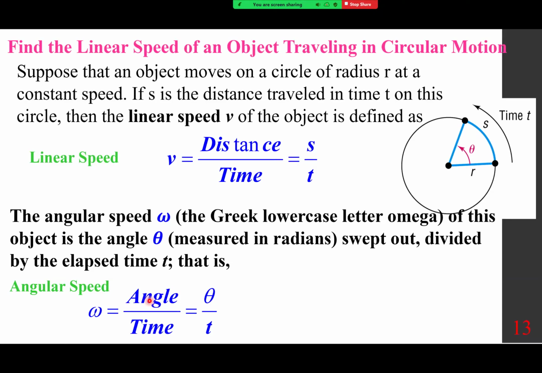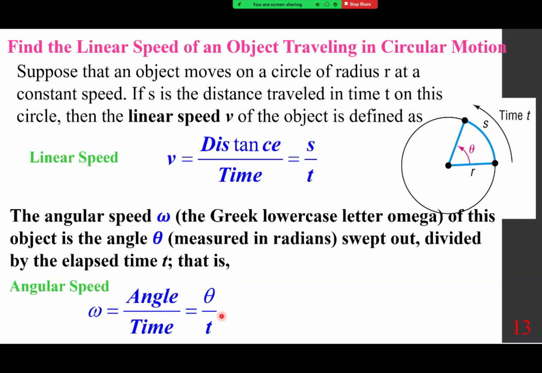Angular speed is angle over time. So linear speed is s, that's the distance, arc length, divided by t. Angular speed is theta divided by t.